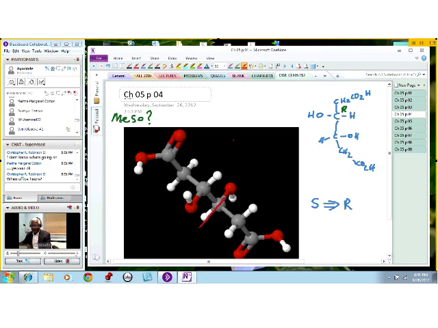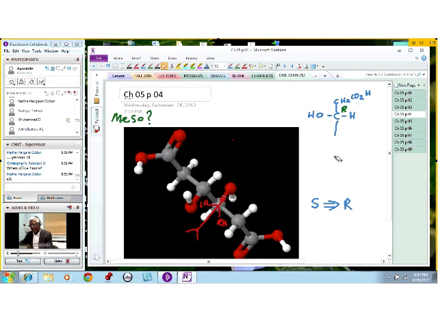My leg here, my head is here, my right hand is here, RH, and my left hand is here. So in other words, I am laying flat, looking directly at this chirality carbon. If that is the case, let us now take a look at this carbon. I'm now focusing on this carbon.